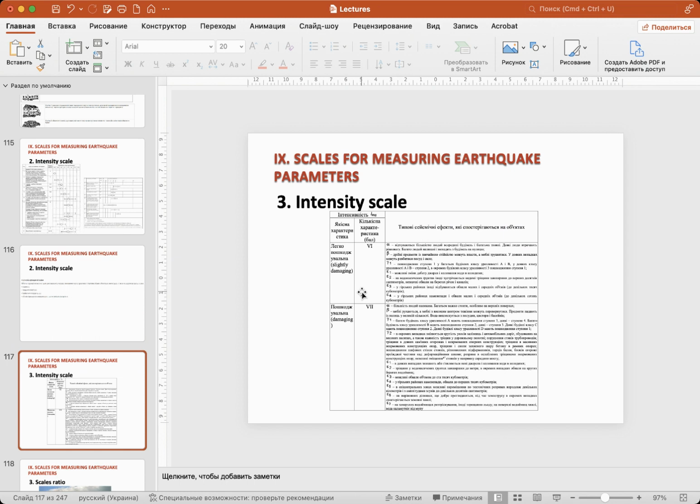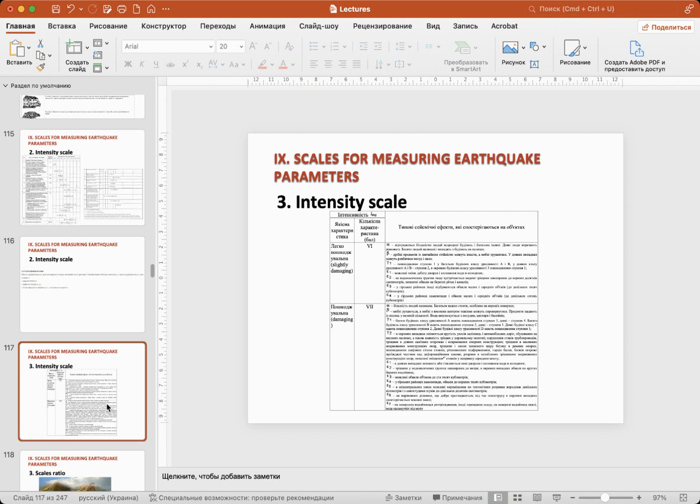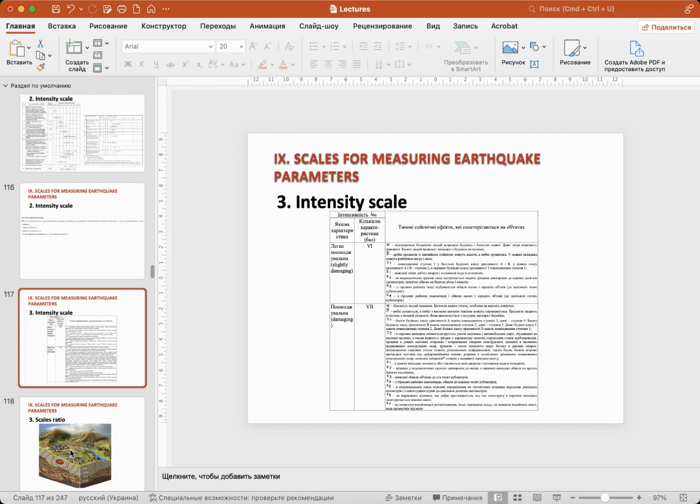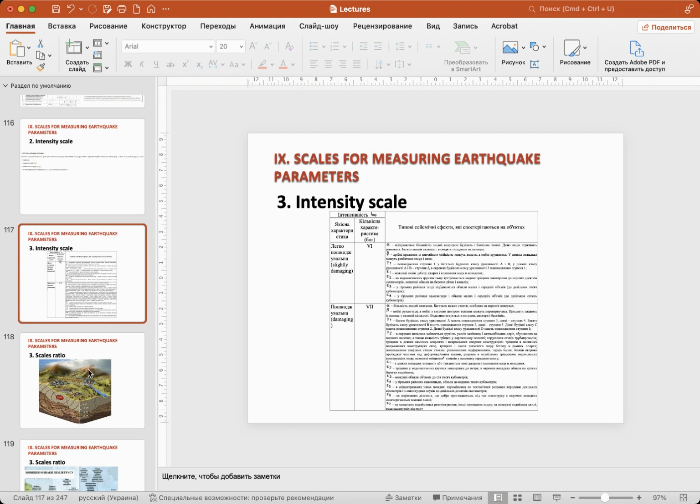To define that intensity, we can use both the Ukrainian or European macroseismic scale, and according to the effects felt by people, found in buildings and structures and other regular objects or natural objects, we can define whether the grade of intensity was 6 or 7, and the rest of the scale also works like this.